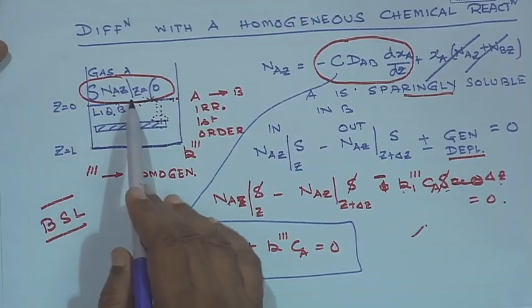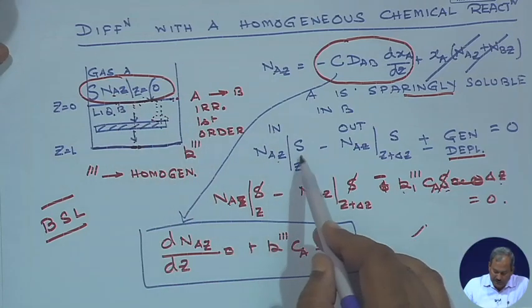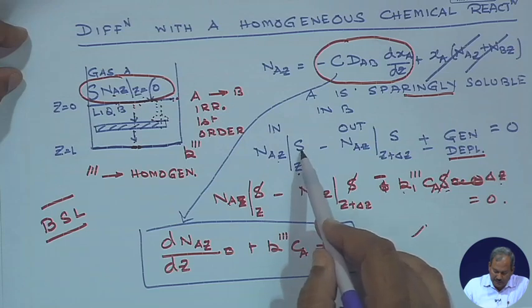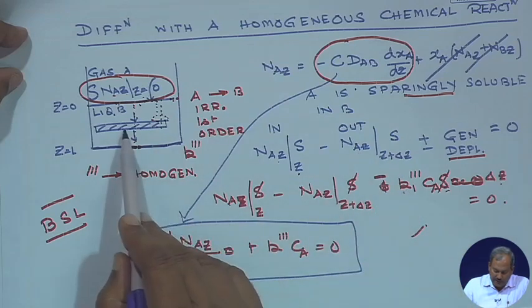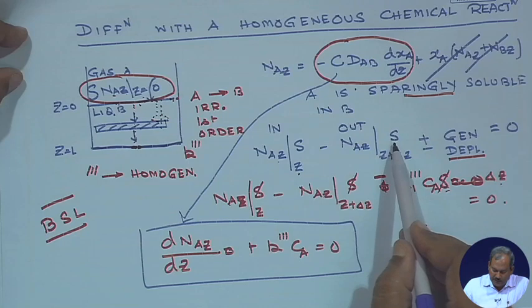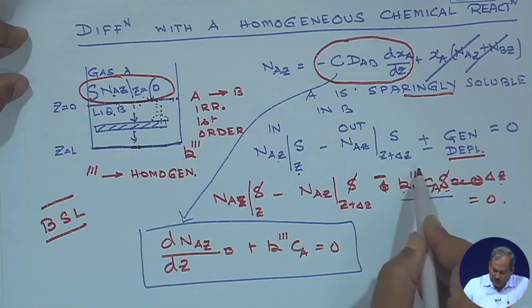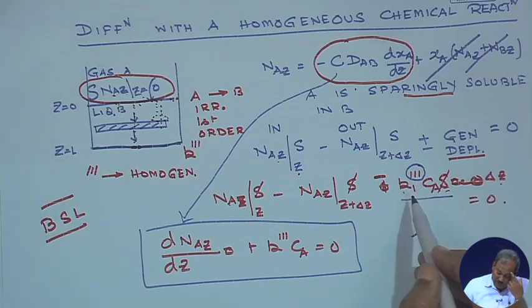The amount of A which comes in is N A Z evaluated at some location Z, times S, minus the flux evaluated at the other end of the assumed slab, multiplied by the same cross sectional area, plus or minus generation or depletion, and the depletion term was simply K 1 triple prime, where the triple prime denotes that it is a reaction which is homogeneous in nature.